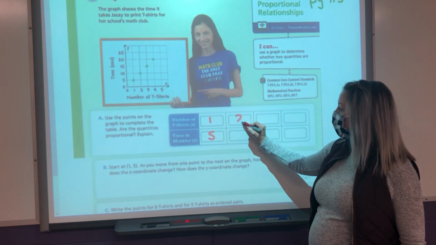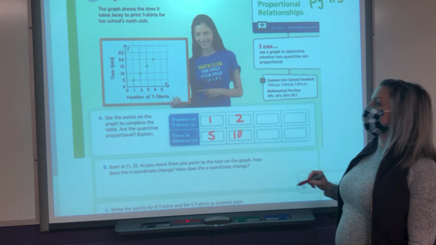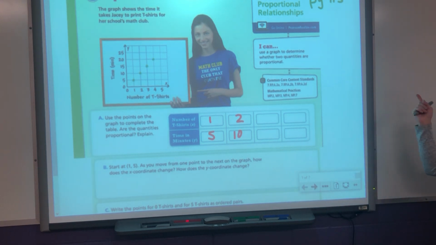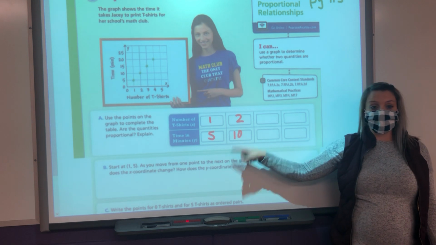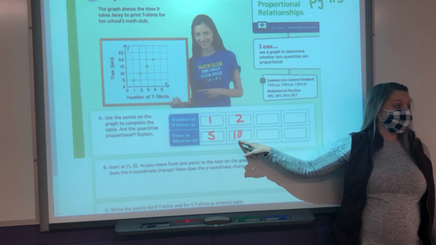So when x is 2, y is 10. What does that point 2, 10 mean? You should have a piece of paper out and be actively learning right now. How many shirts, the number of minutes. So 2 t-shirts are done in 10 minutes.